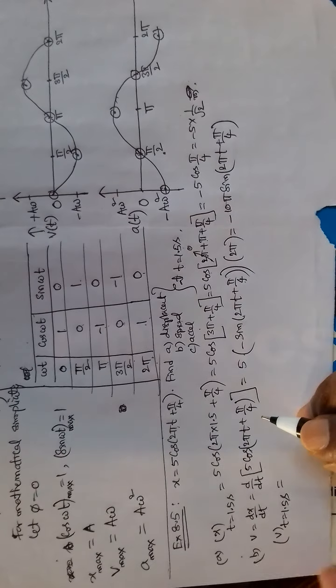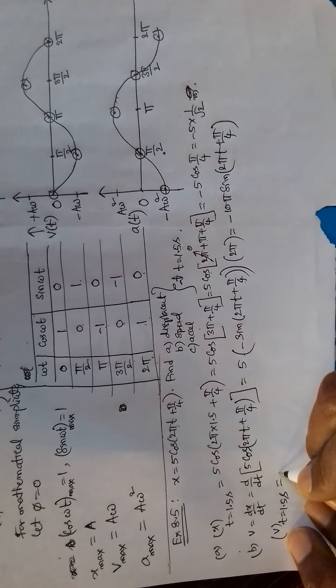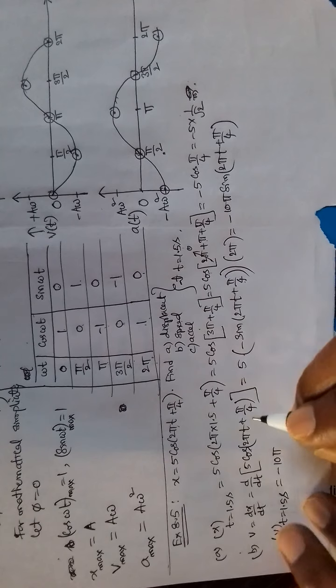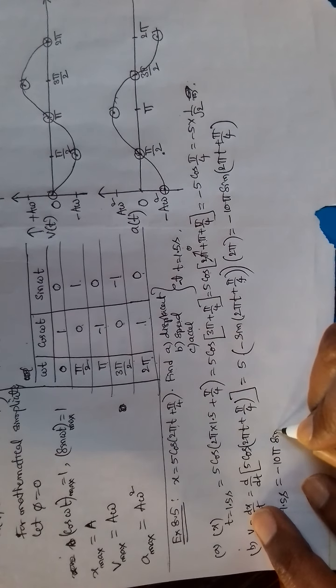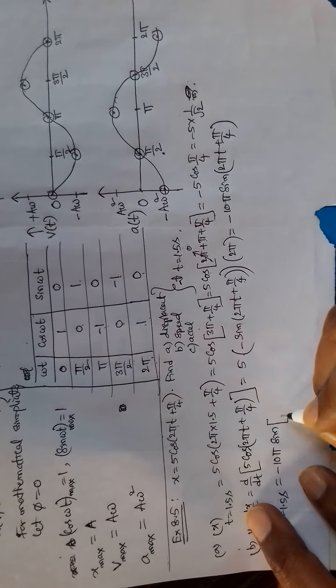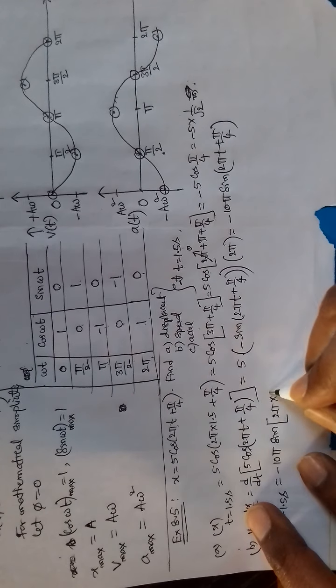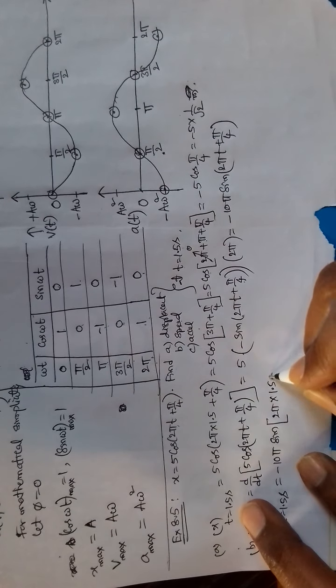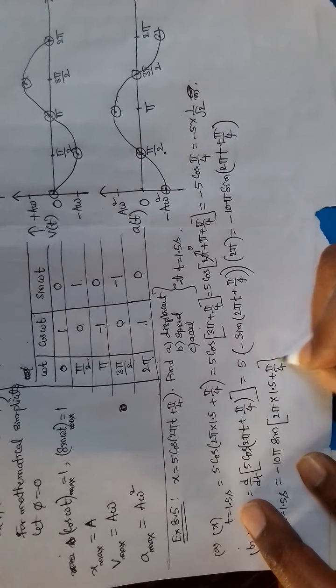Substituting this t value, minus 10 pi sine (2 pi into 1.5 plus pi by 4).